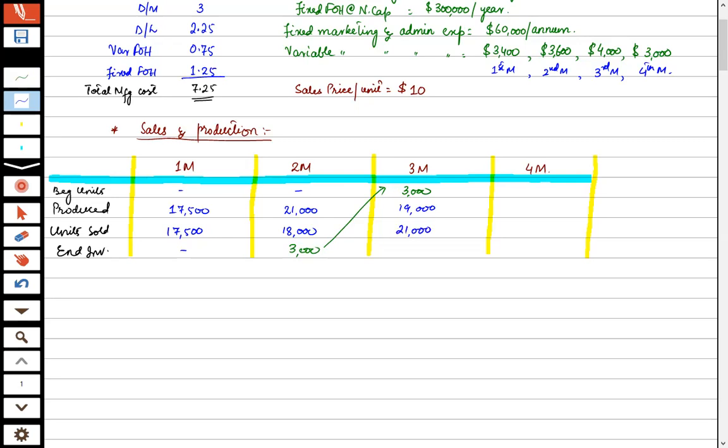So 19 and 3 makes 22. Overall available units were 22, and out of those we sold 21. So we have an ending balance of 1,000 units. Again, these 1,000 units will be the opening units. Then we produced 20,000 units, sold 16,500, so ending will be 4,500.